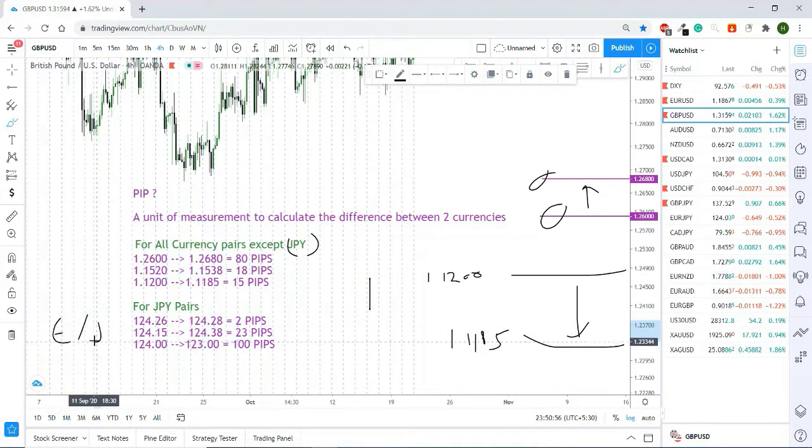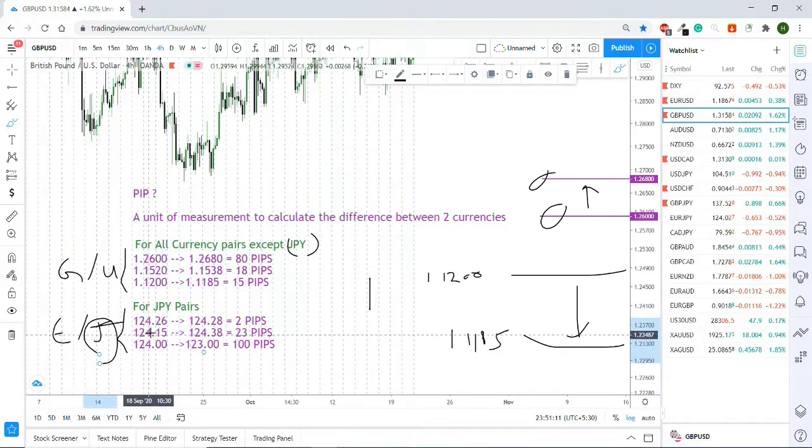Since there is a JPY, we calculate with respect to the second decimal place. When we subtract those two, it is 12 pips, so it has gone up.